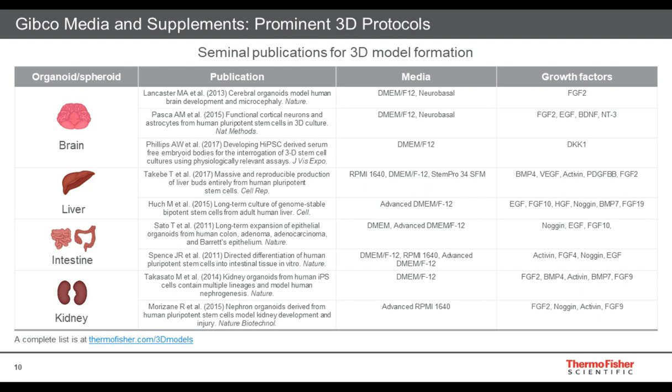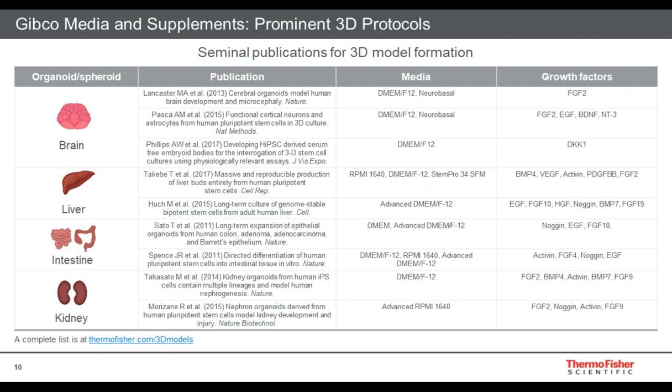So these include many different basal media, like I alluded to earlier. Advanced DMEM/F12 is certainly a very common media used across the adult organoid model systems, as well as Neurobasal and traditional DMEM/F12 and various other iPSC-derived models.